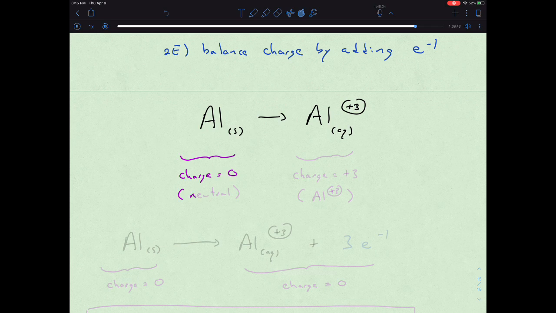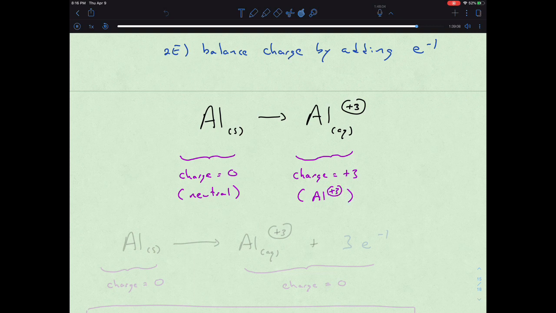Because we are neutral on the starting material side, and we have a charge equal to +3 for our product side because of the aluminum +3 charge that we have there.